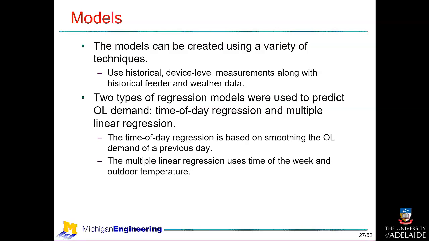We use historical device level measurements along with historical feeder and weather data. Two types of regression models are used for the prediction of the other load demand, a time of day regression and a multiple linear regression. I won't go into much detail about either of those, just to say there are these two models that are used for other load.